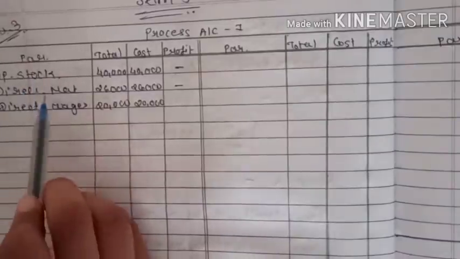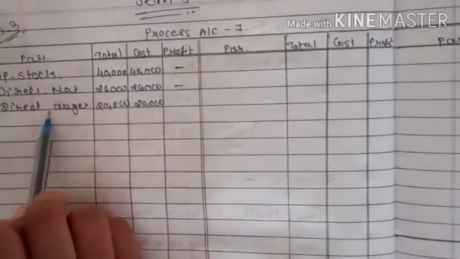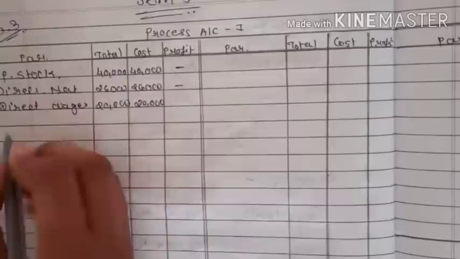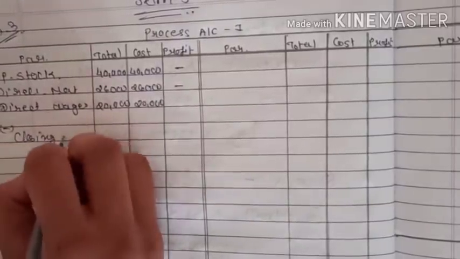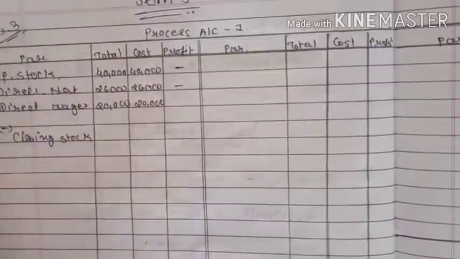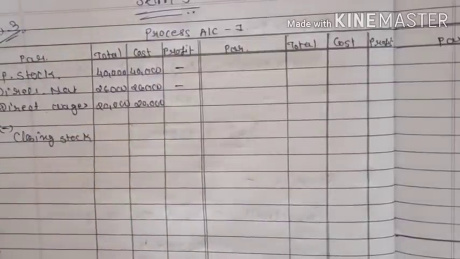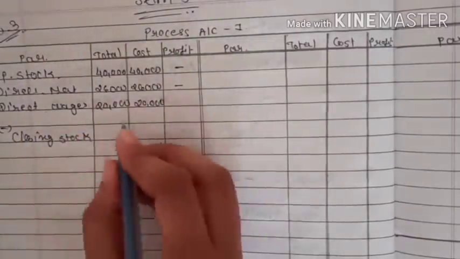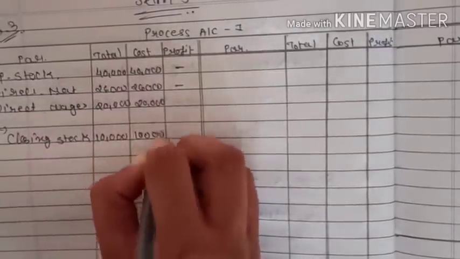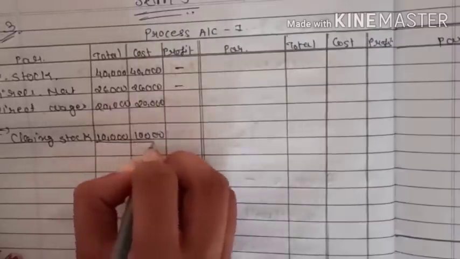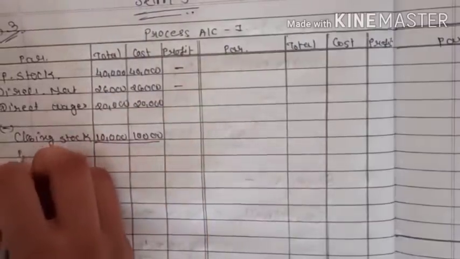Opening stock plus direct material plus wages, then we have to deduct closing stock. Closing stock is given as 10,000. So 10,000. We have to total it. That is the prime cost.